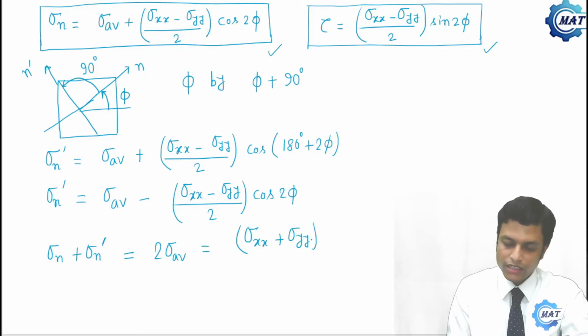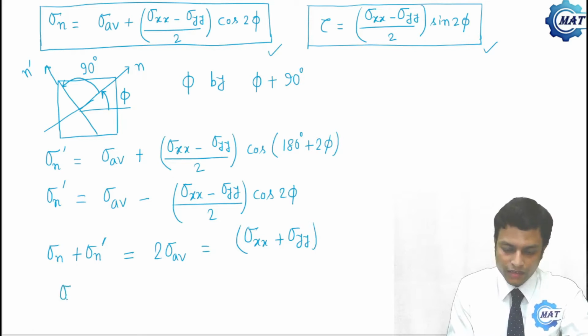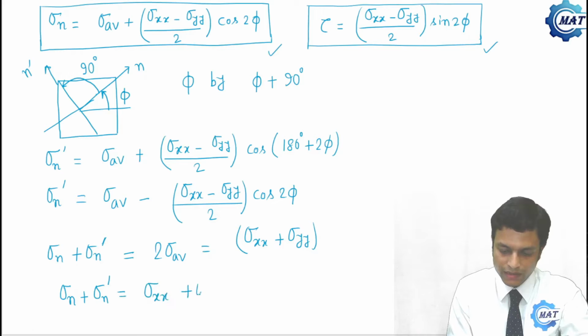So we got the relationship between complementary normal stresses, that is sigma n plus sigma n prime is sigma xx plus sigma yy.